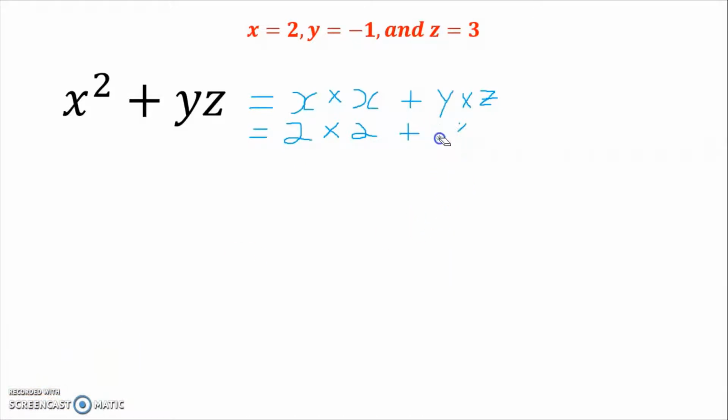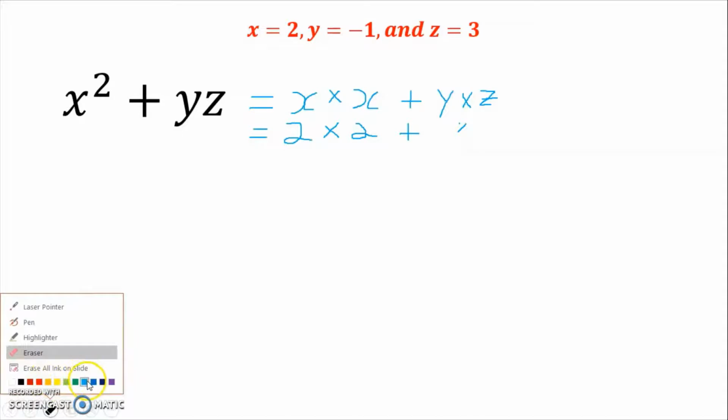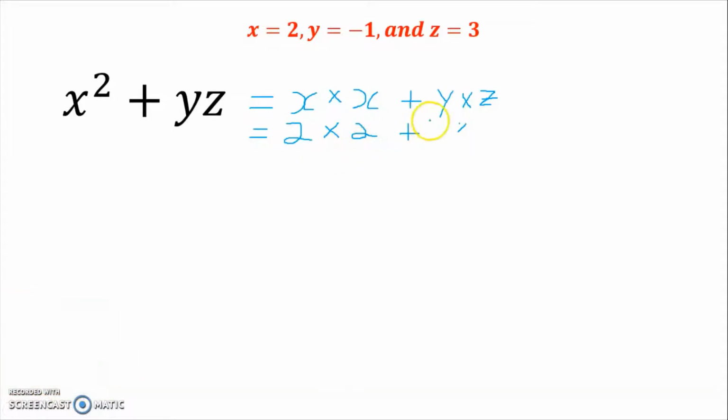The value for y is negative 1. So we will remove the y and introduce negative 1, and then multiply that by the value for z, which is 3. I'll just put that negative 1 in bracket here to contain it, so you know that you have to multiply the positive here by the negative.